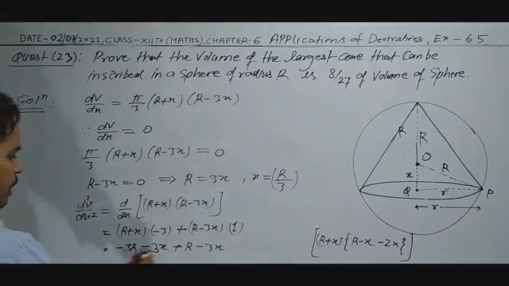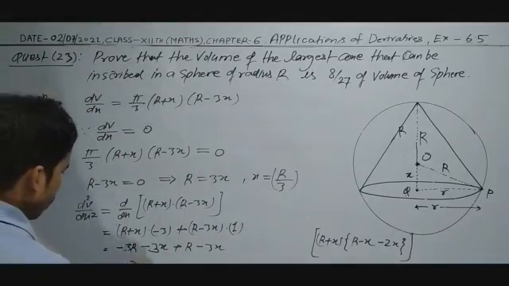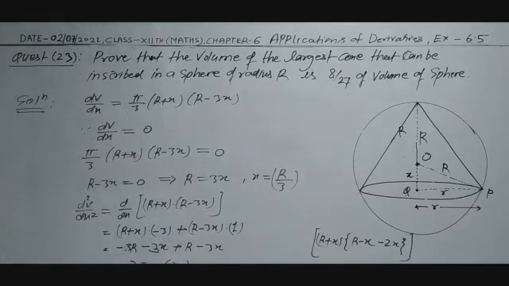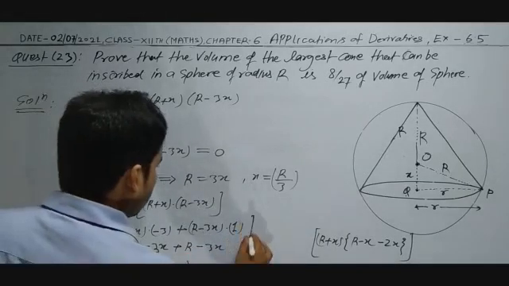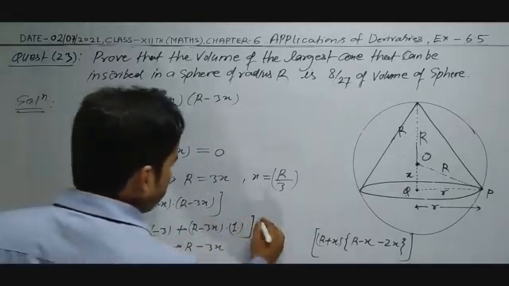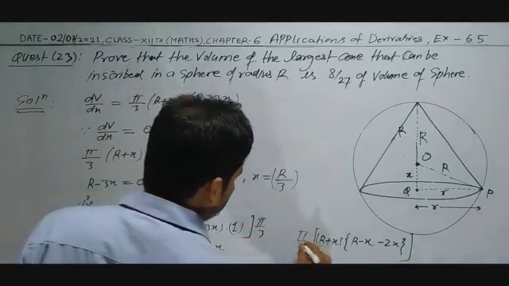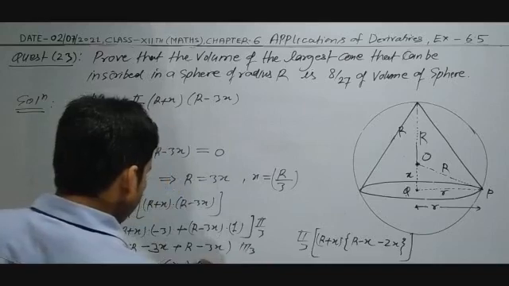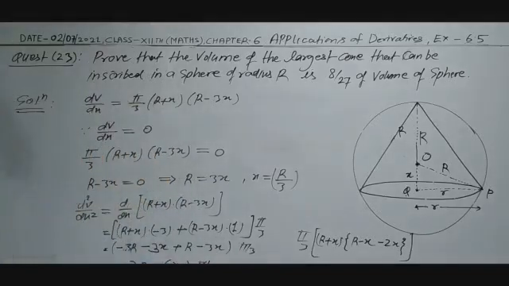Minus 3R plus R is minus 2R, and minus 6x, so minus 2R minus 6x. This is multiplied by pi by 3, so this is the value of d2V by dx2.